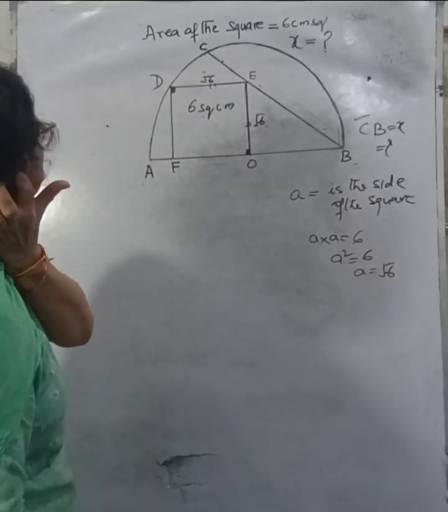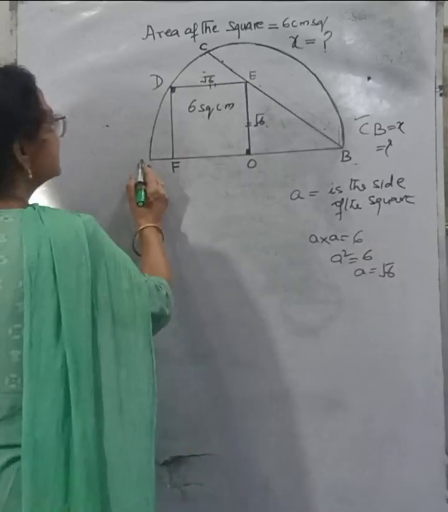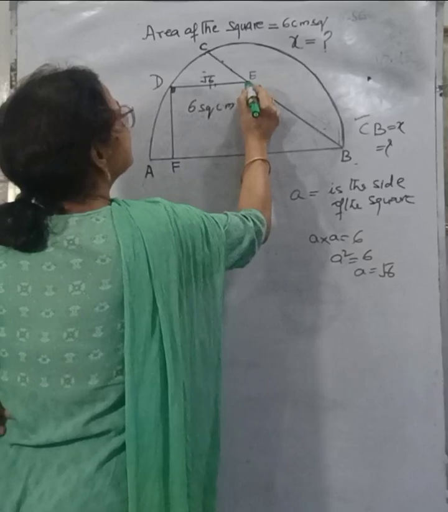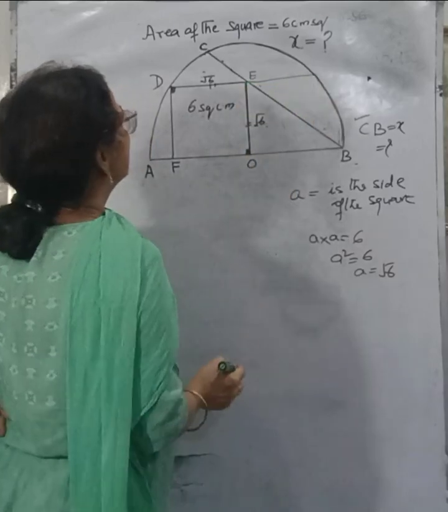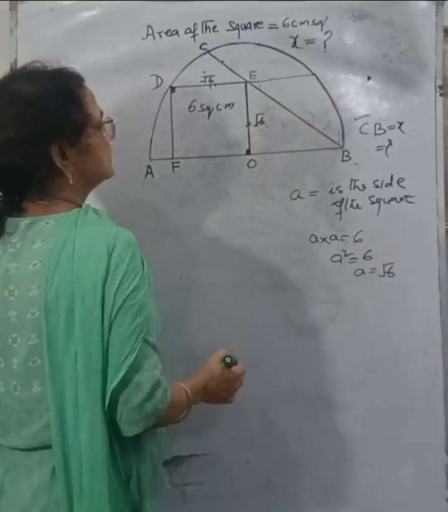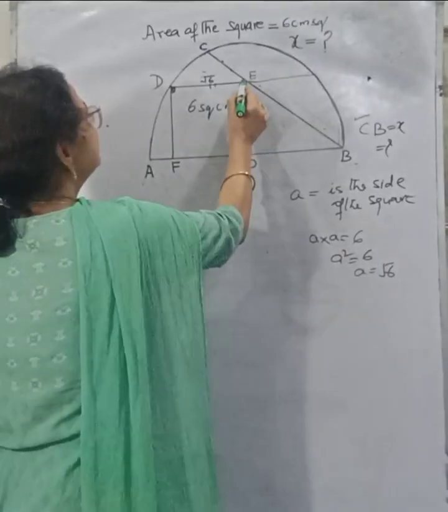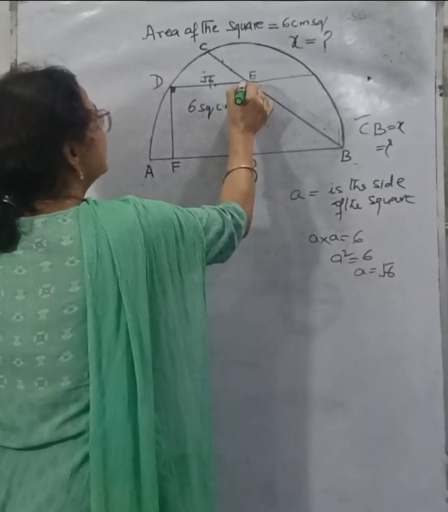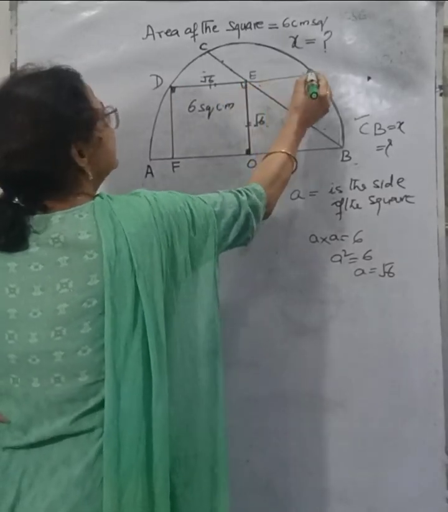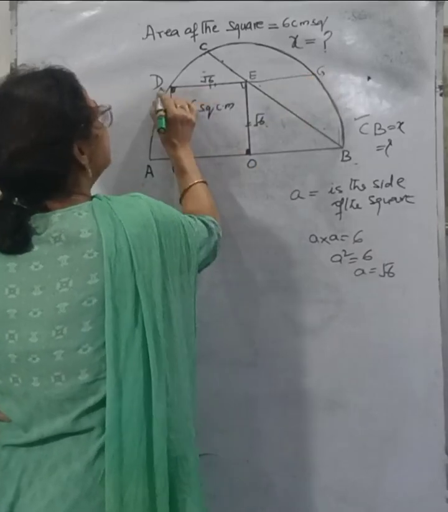Another thing, because this is the diameter of a circle and if we extend this up to the diameter of this semicircle, this is the center point and also perpendicular, this becomes a new chord, named G, that is DG.